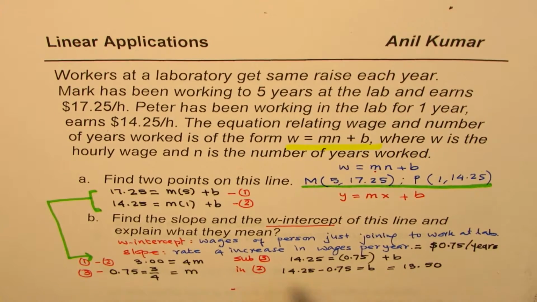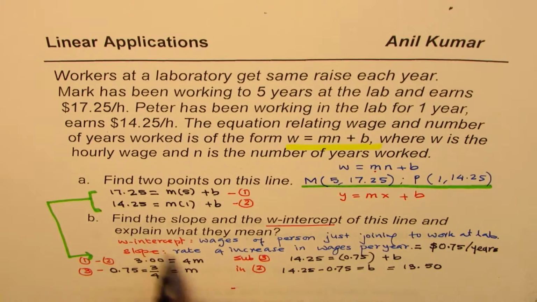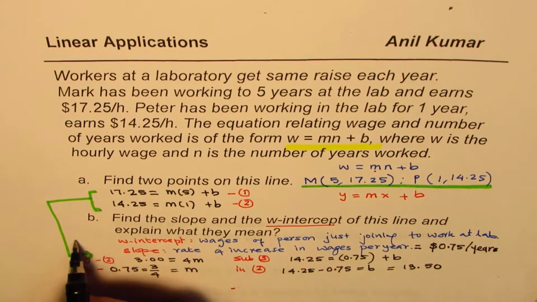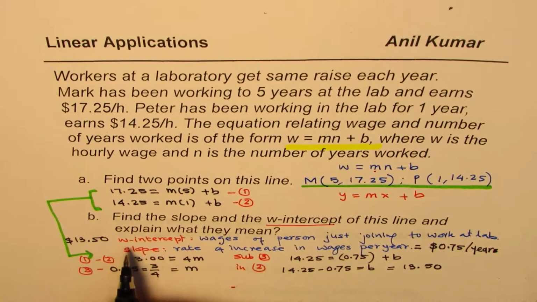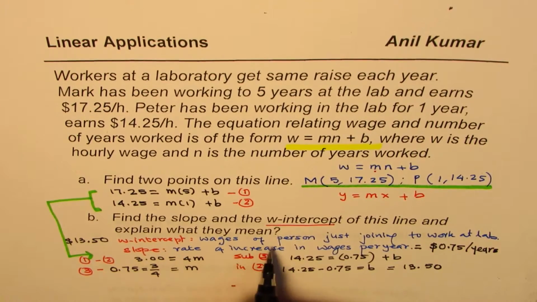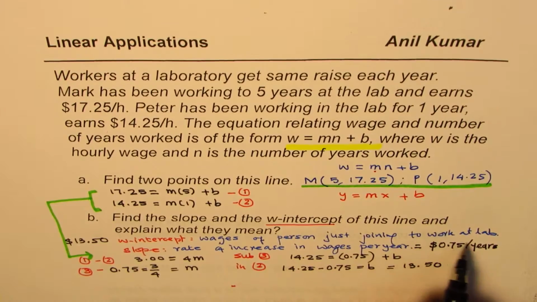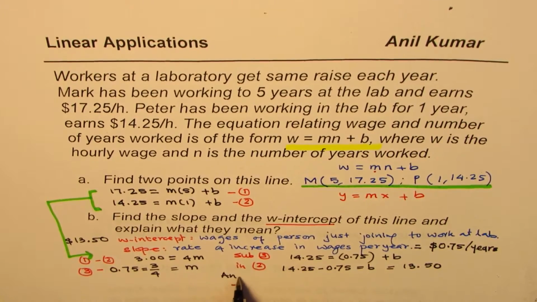That means we have found the w-intercept, which is $13.50. So $13.50 is the w-intercept, which is the wages of a person just joining to work at the lab. So we get 2 answers here.